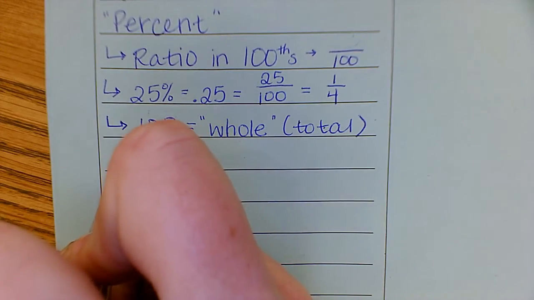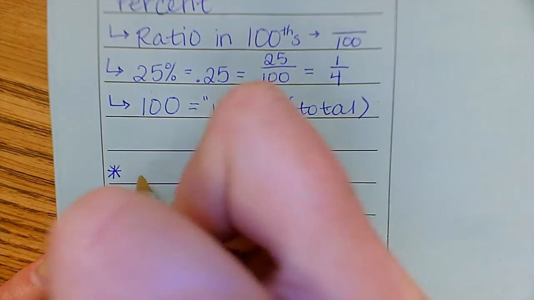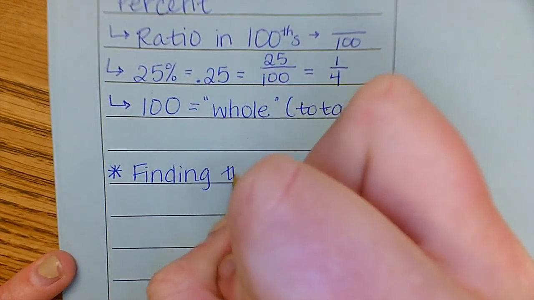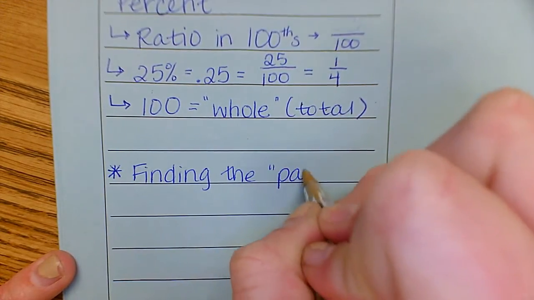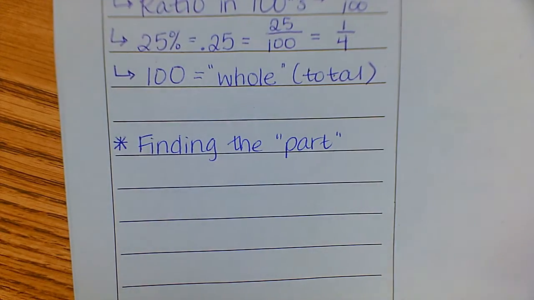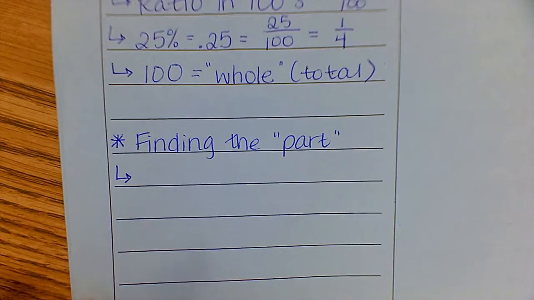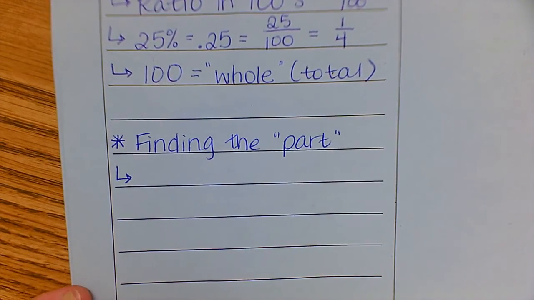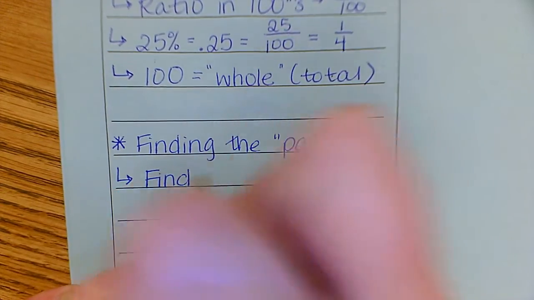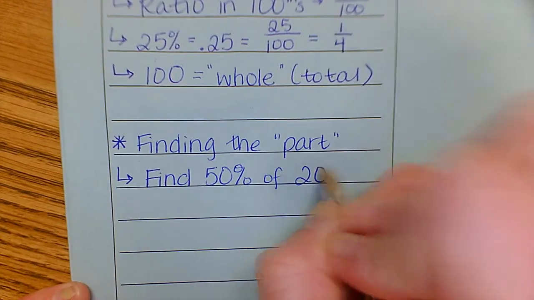The first type of problem that you'll see, let's do a little star for fun, is you'll be finding the part. So we have the whole, we have the part, and finding the part would be some sort of question that tells you to find 50% of 20.